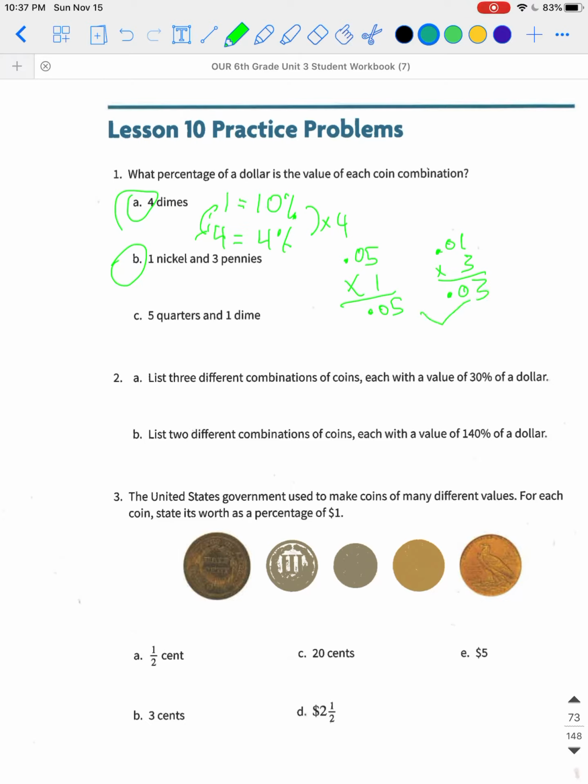Well, when we add these together, we get 0.08. 0.08 or 8%. Because our percentages, 0.08 over 100, remove that, is 8%.